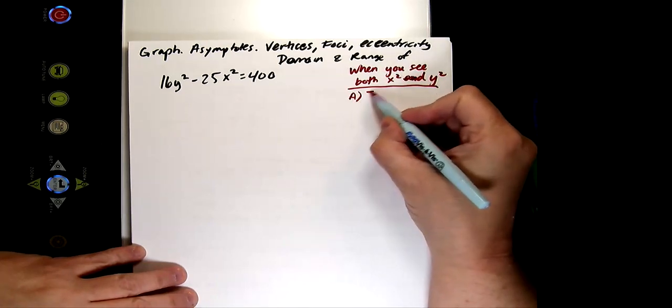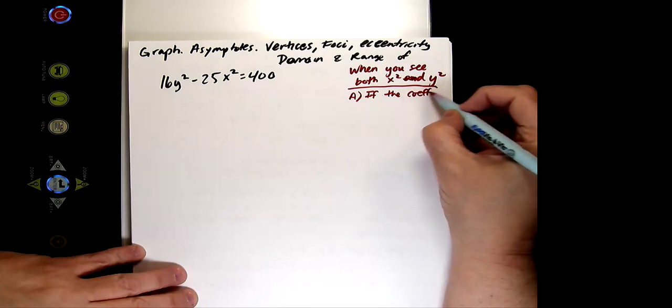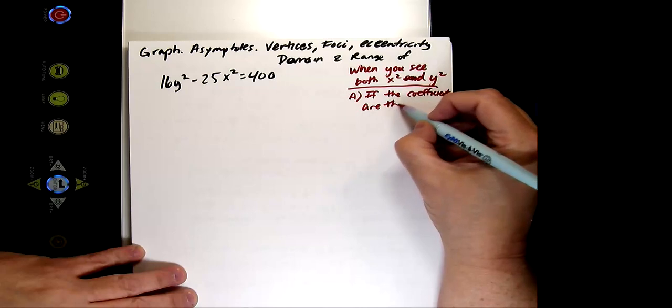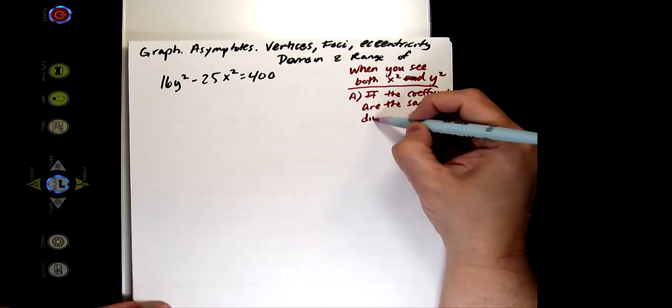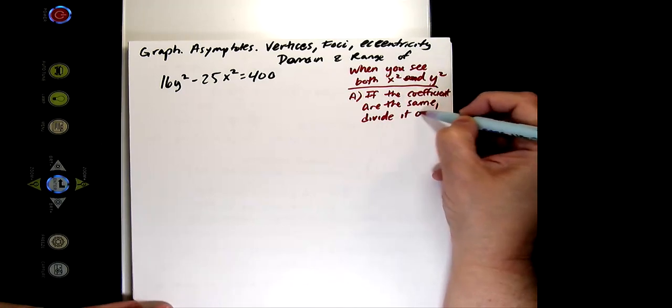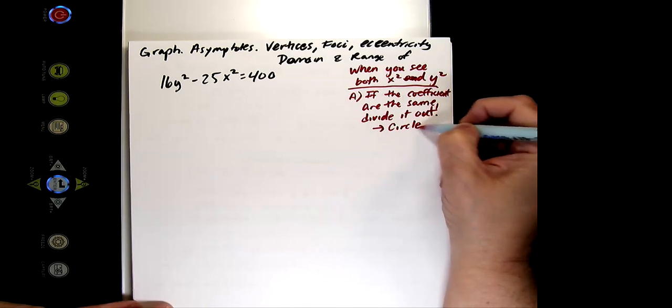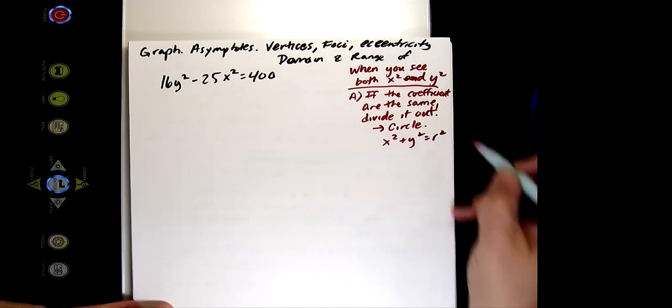If the coefficients are the same, divide it out. This is going to make a circle. You'll end up with x squared plus y squared equals r squared.